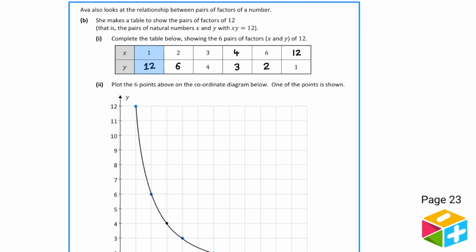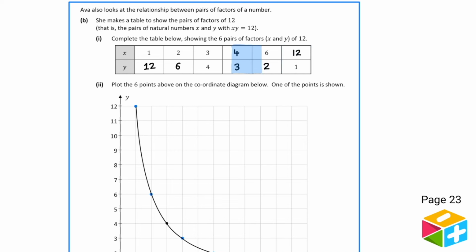The y value in the first column will be 12 divided by 1, which is 12. The y value in the second column will be 12 divided by 2, which is 6. The y value in the second last column will be 12 divided by 6, which is 2, and the x value in the final column will be 12 divided by 1, which is 12.